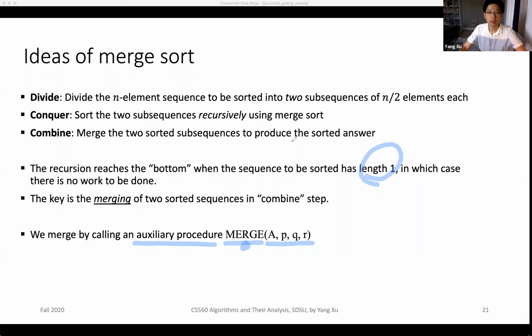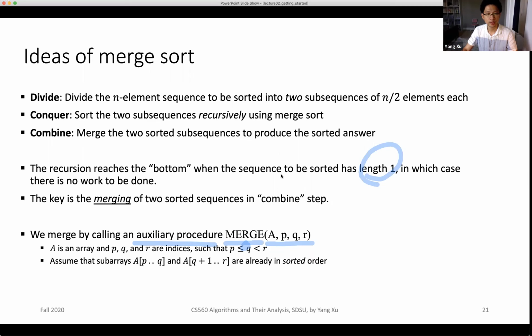This procedure takes several parameters as inputs. The first parameter, A, is an array, just like the parameter that insertion sort takes. And there are three other parameters: P, Q, and R. These are integer numbers.